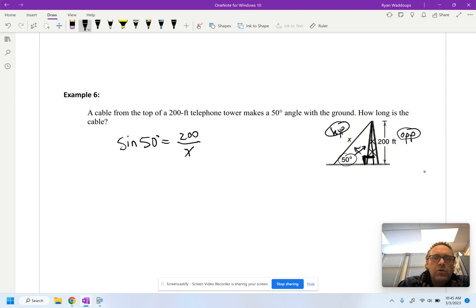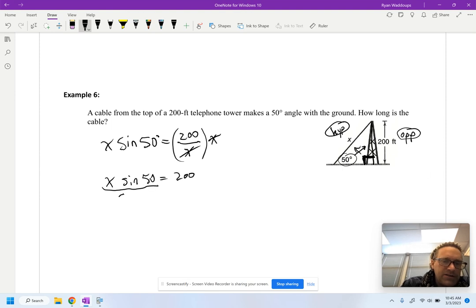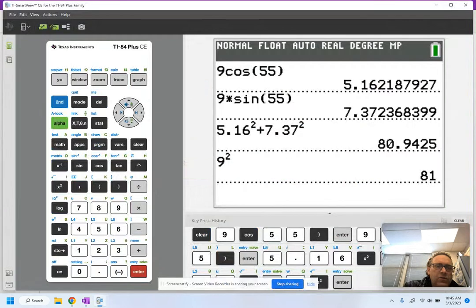This time we're going to have to do a couple of different steps. We multiply by x on both sides. Then x sine 50 is equal to 200. We divide through by the sine of 50, and x is approximately equal to 200 divided by the sine of 50.